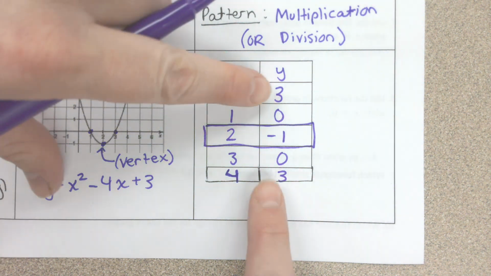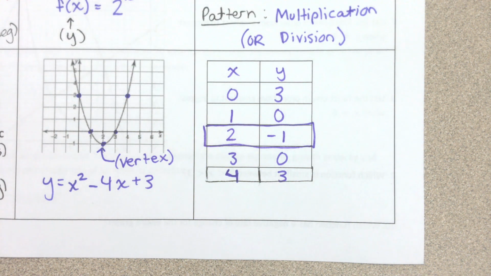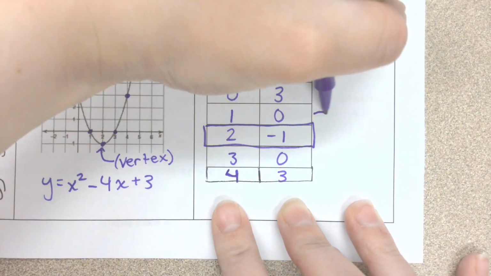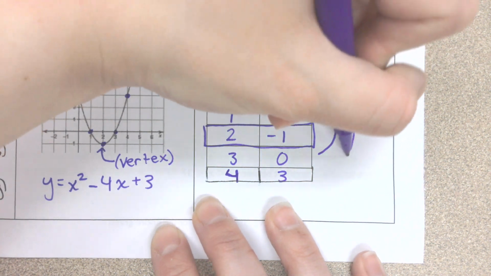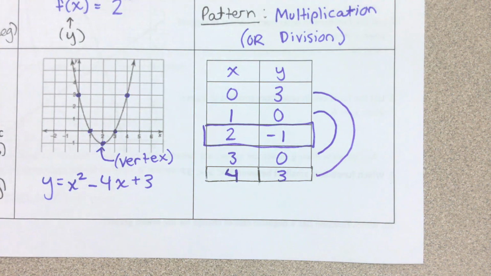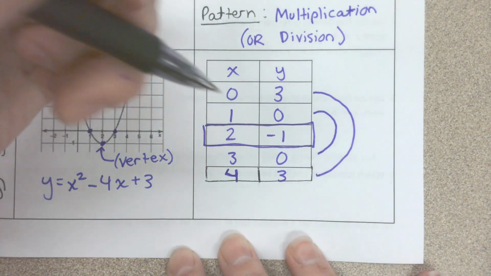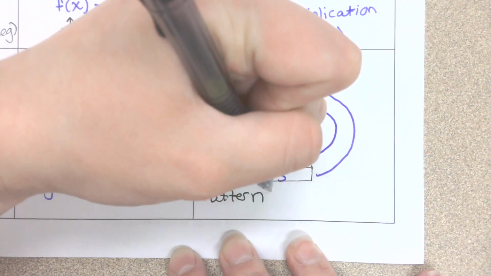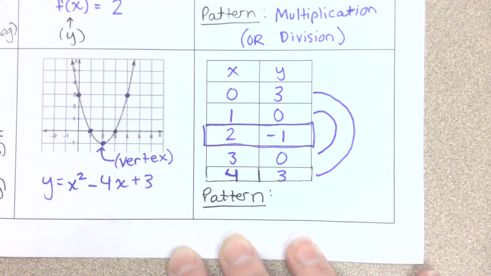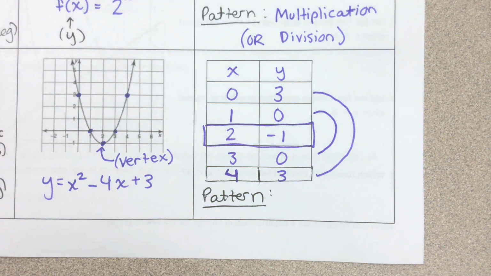If we keep going up and down on this table, that same thing is going to keep happening every single time. So if we go one up, one down, we have the same number. If we go up and down again, we have the same number. This will keep happening. So this pattern, you can call it a few things. First off, the pattern itself we refer to as symmetry.